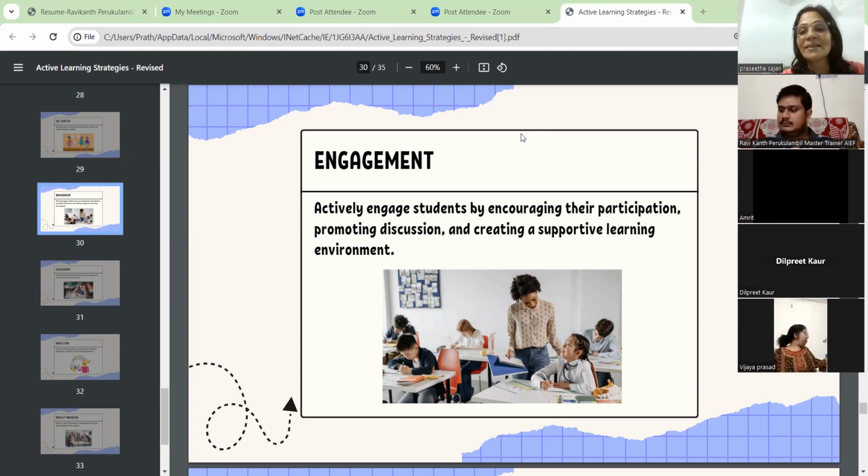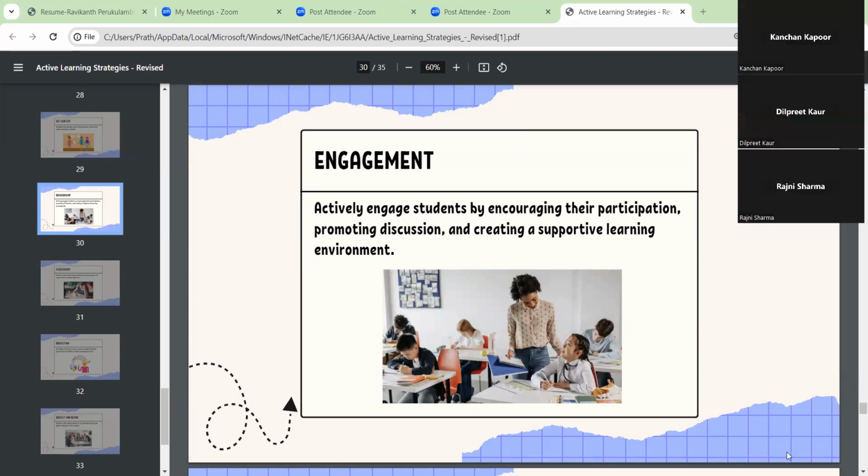Whatever you are teaching, the why and how of it has to be found out by children. That's why they need to be engaged in your lesson as well as the activity you are asking them to do. That engagement is very, very important, where the child's mind is engaged. Only through that can they get to the higher levels of Bloom's taxonomy, that is applying, analyzing, evaluating and creating.